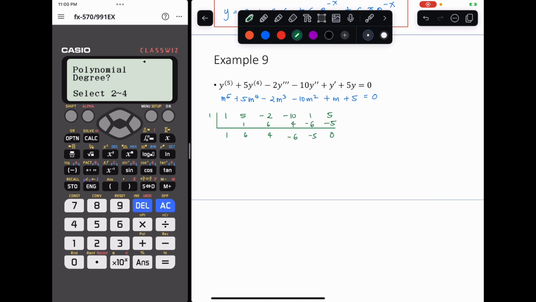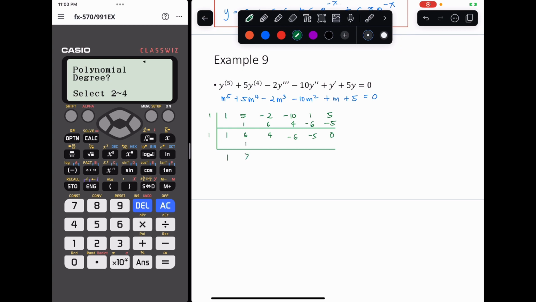And next, I'll try another one. So bring down 1. 1 times 1 is 1.